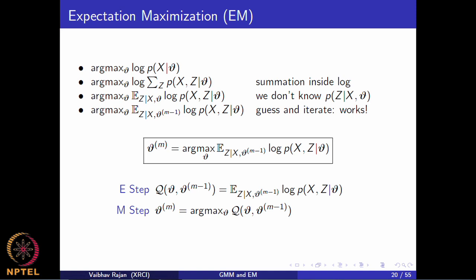You start with some guess, and then for the next guess you calculate the expectation of the complete data log likelihood under the distribution of the missing data using the previous guess. This is broken down into two steps, where in the E step you compute this expectation, and in the M step you maximize this Q and get the next set of parameters.